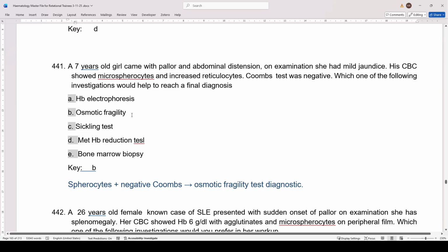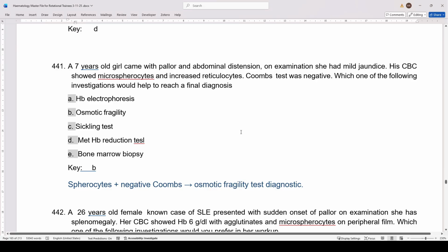In the osmotic fragility test, it will be increased in case of hereditary spherocytosis, because the cells are fragile, they break easily when the cells are placed in a hypotonic solution. The water will enter the cell from low solute concentration to high solute concentration. So when the water comes inside, the cells will burst earlier than the normal cells.